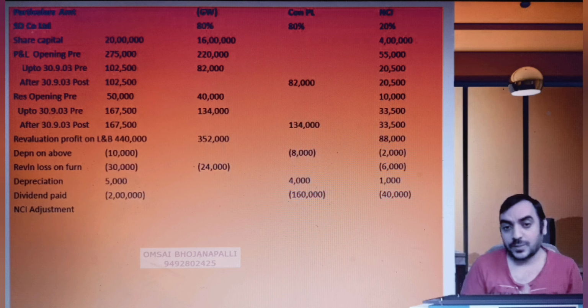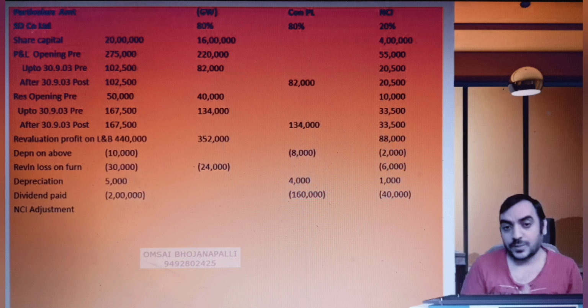There's nothing to do with land and building and non-controlling interest. No connection. So when they have not given anything, based on the data available, make a reasonable conclusion and do the computation. So what do you do?